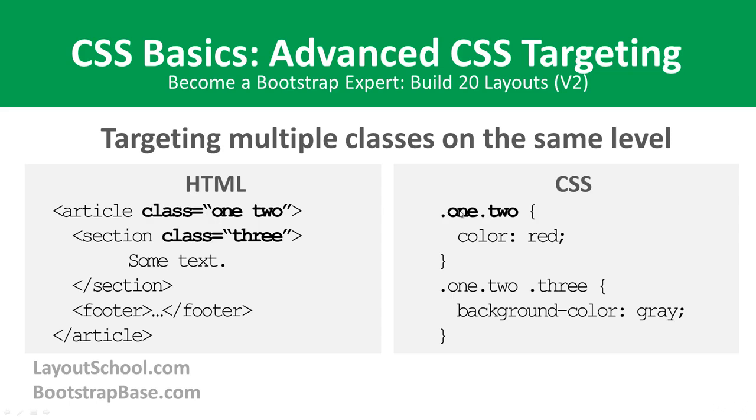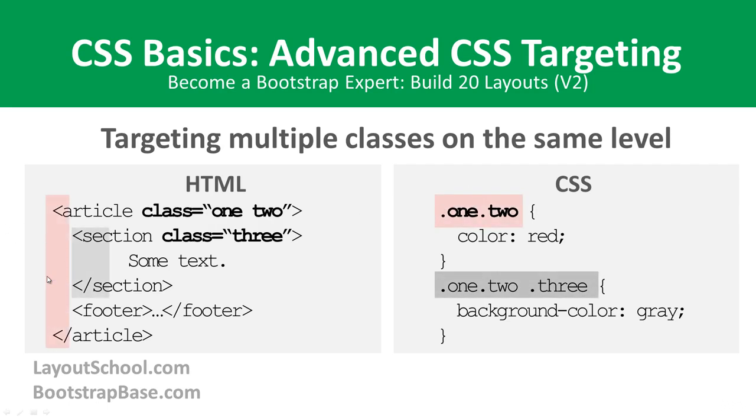Notice we don't have a space here, so that way we are targeting this first element, and then we are targeting the first section right here. So this section has the class of 3, and it is a child of the HTML element that has classes of 1 and 2. So that's it right here.